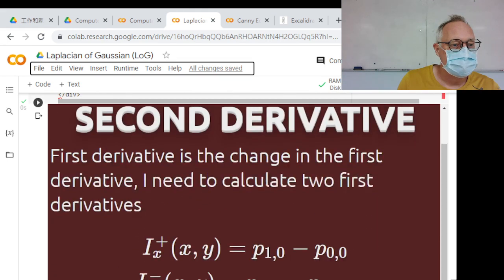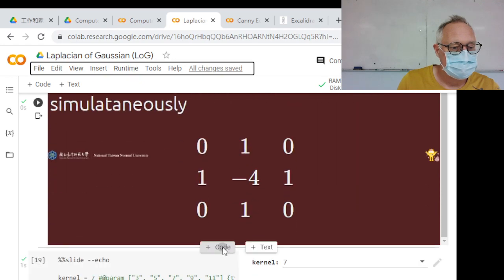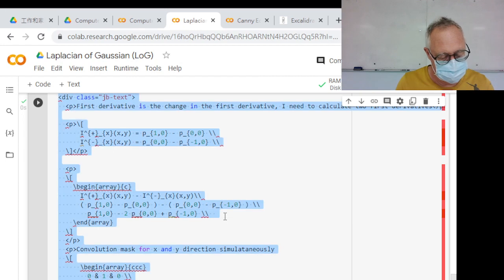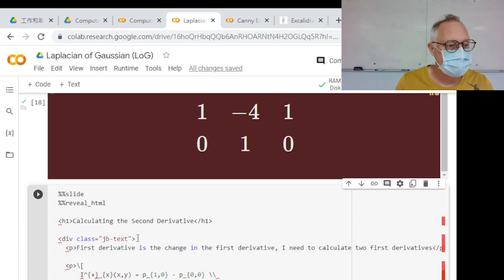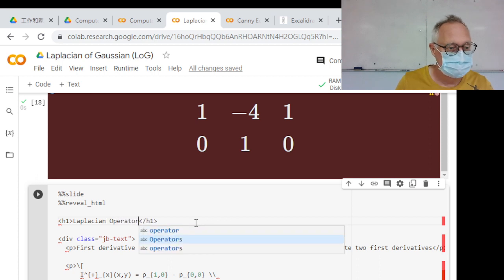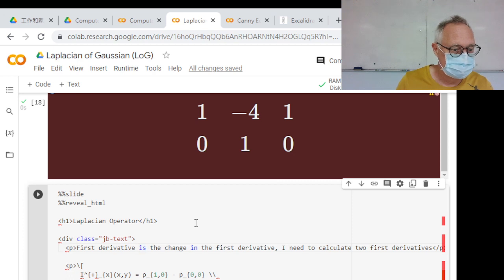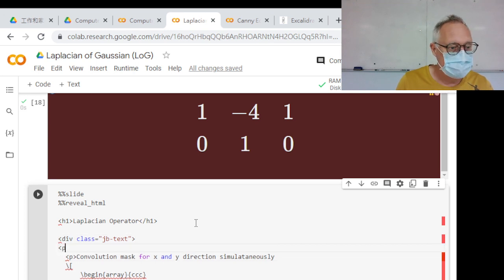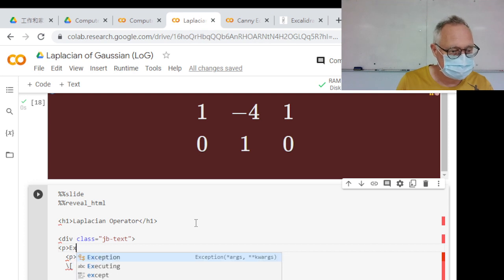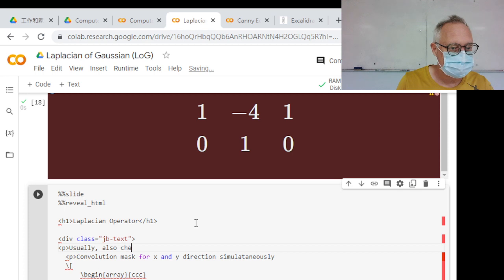But I can also extend it, and the one we usually use, we can also extend it for diagonal edges.